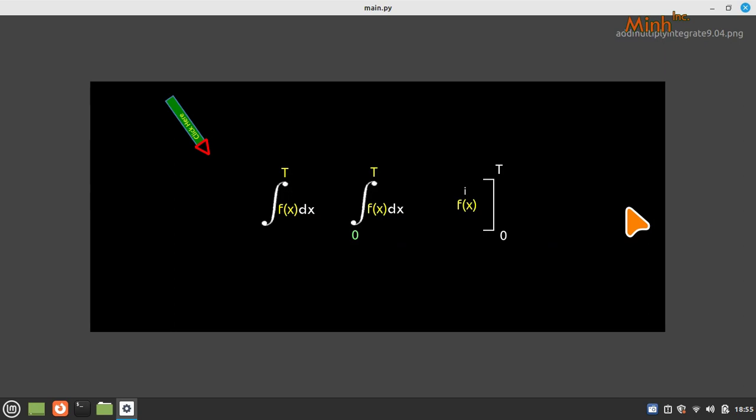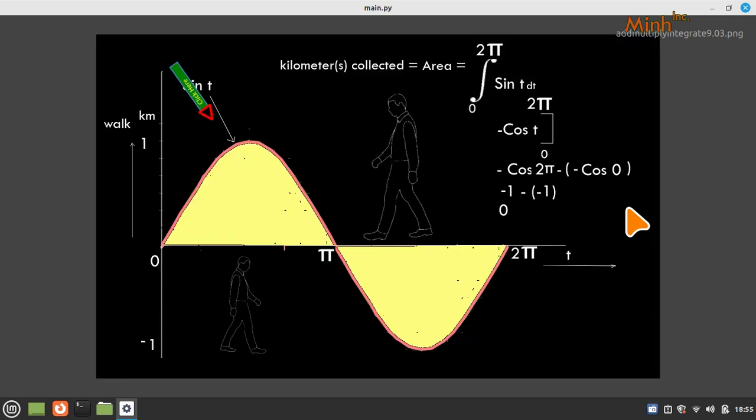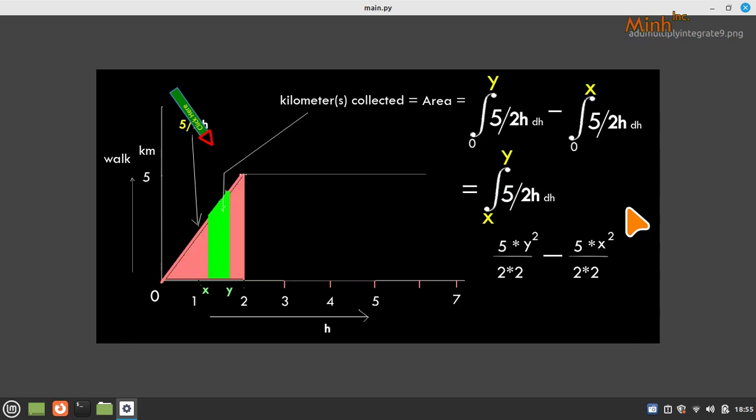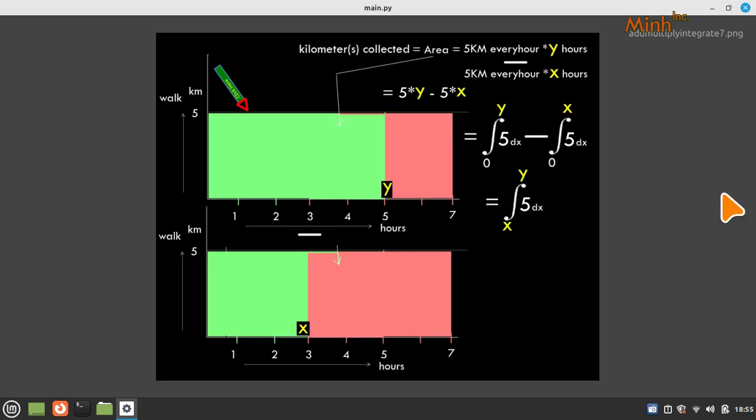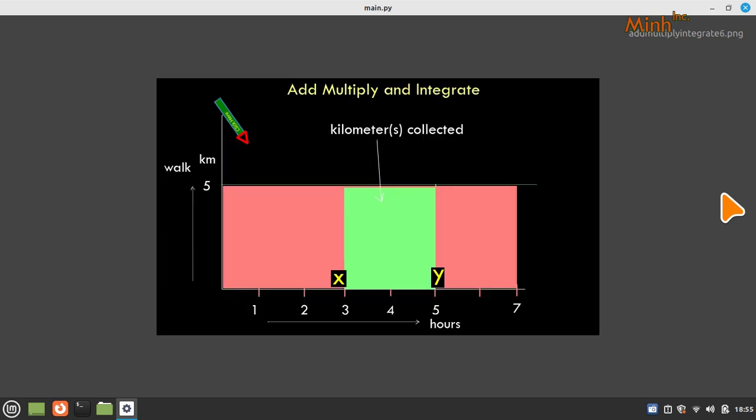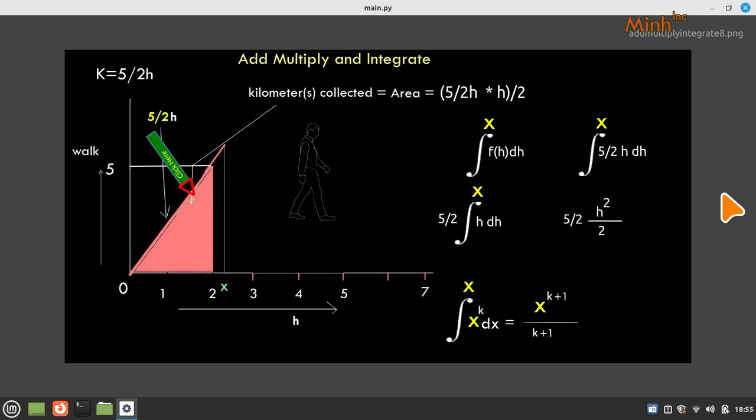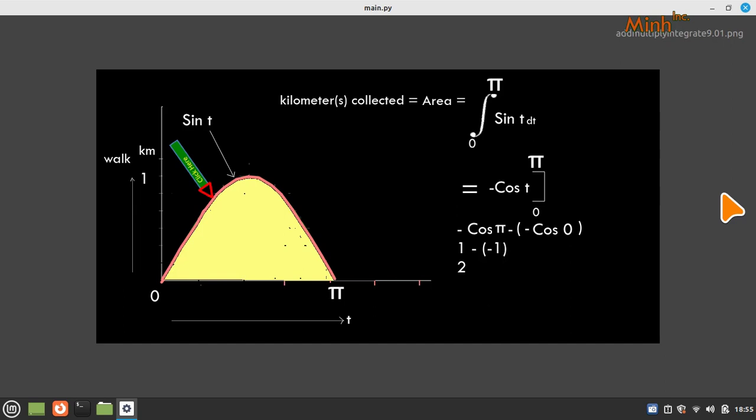Okay, whatever we have covered, I would summarize, because it will get a little complex now. So what we have done is, we now have some understanding of integration. If it is constant, then it is a rectangle, and if it is a ramp, then it is a triangle, and so on.